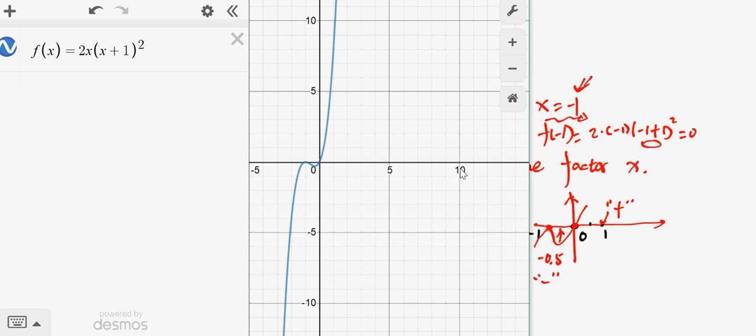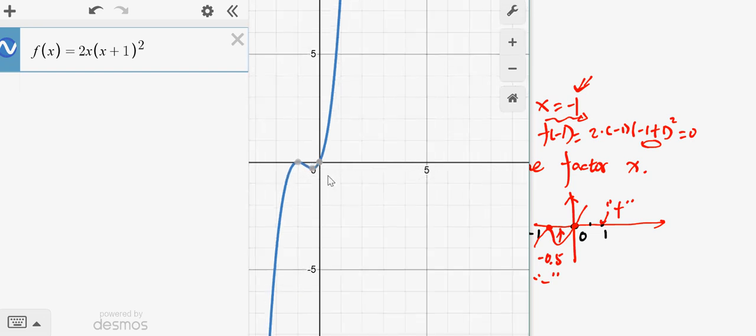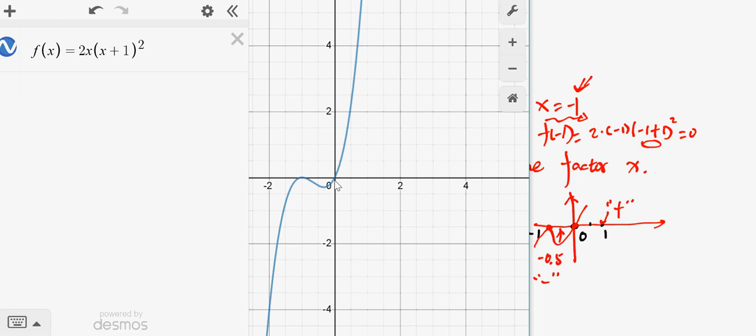And then between 0 and negative 1, see that? Is negative. Okay. Between 0 and negative 1 is negative. And then from negative 1 to the left is also negative. So the exponent 2 here is even. The picture touches the x-axis and never changes sign.